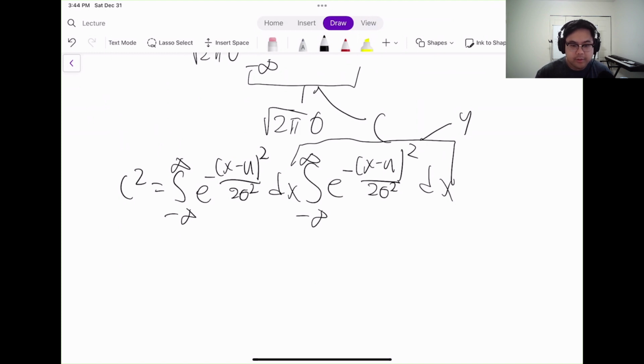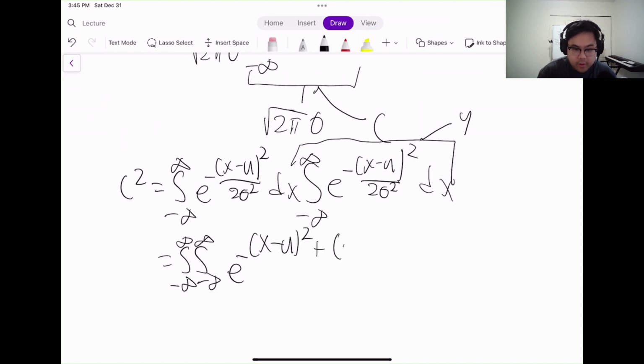So if we rewrite this, we can rewrite it as the double integral from negative infinity to infinity of e to the negative x minus mu squared plus y minus mu squared over 2 sigma squared, dx dy.